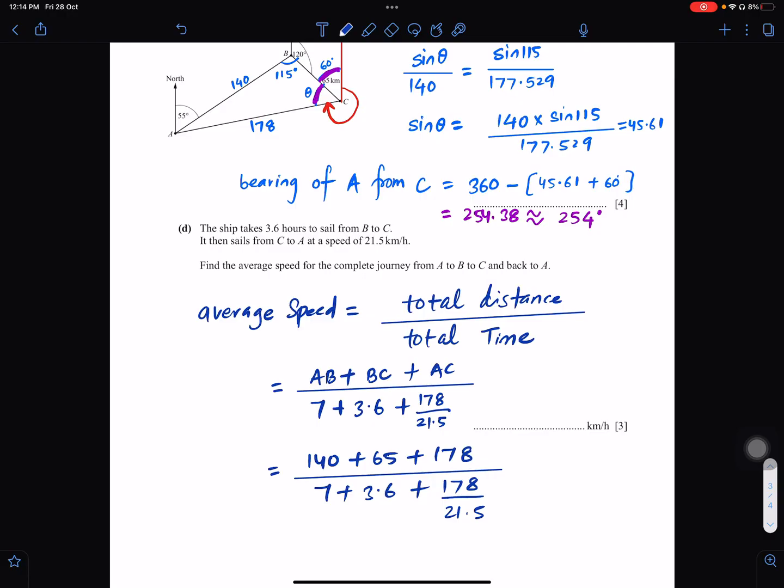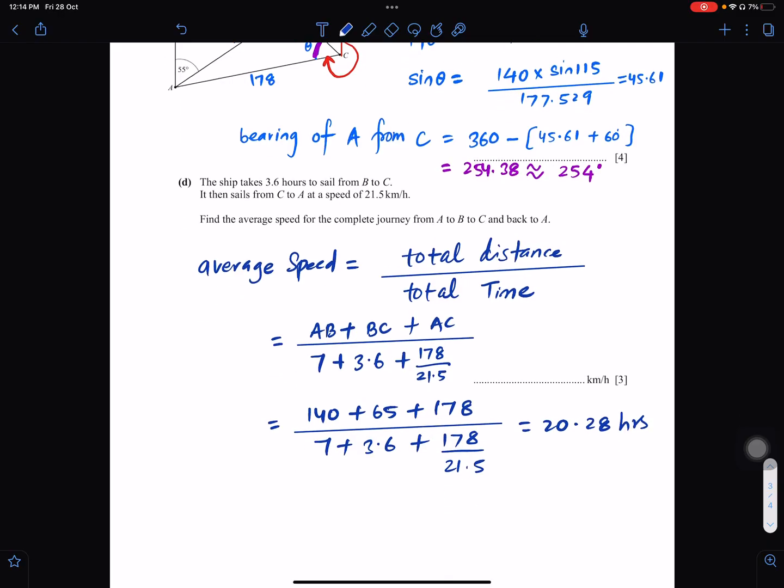The answer I have got is 20.28. My bad, this is the speed, so it has to be the unit kmph. It is approximately 20.3 kmph.